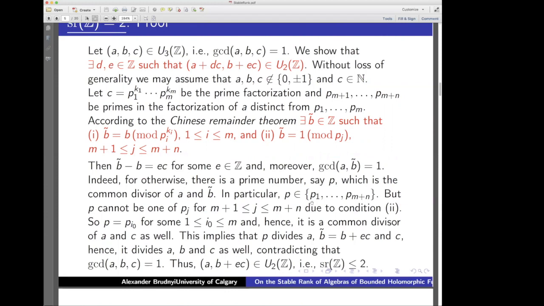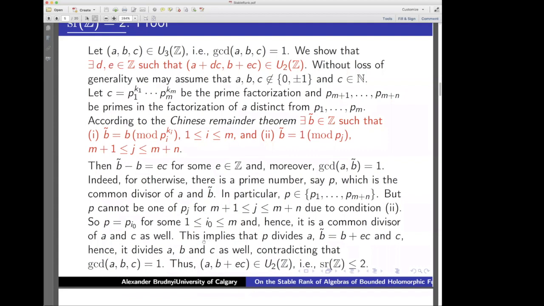Because we are taking just a divisor of a, and we assume that it is a common divisor of a.